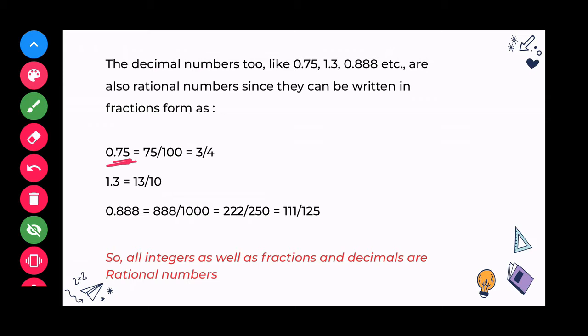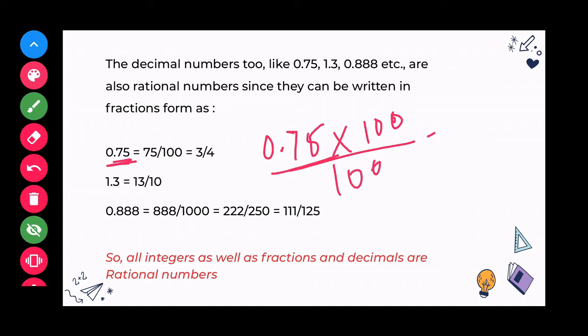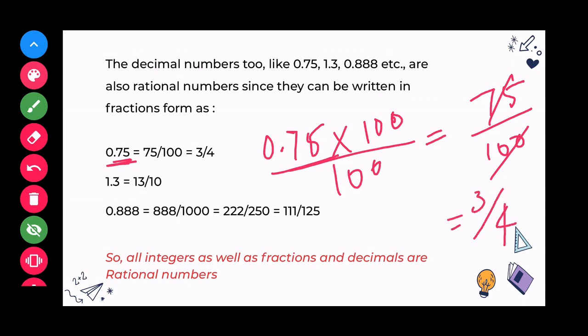Hence we have to multiply and divide the number by 100. So what we get is 75 by 100, which can further be simplified as 3 by 4. So that is how we can convert any decimal into a rational number.